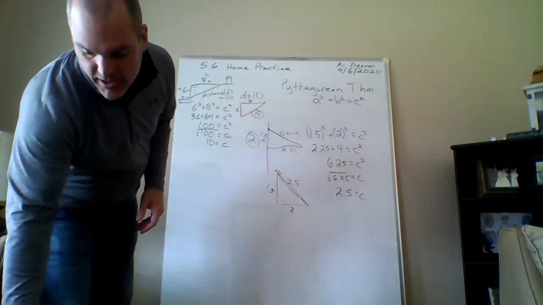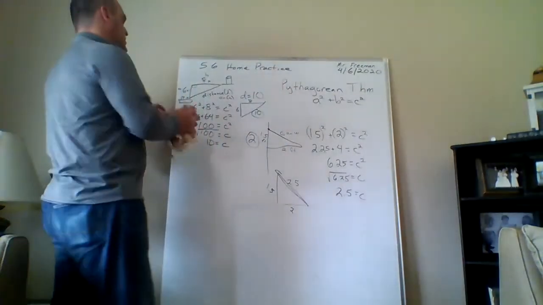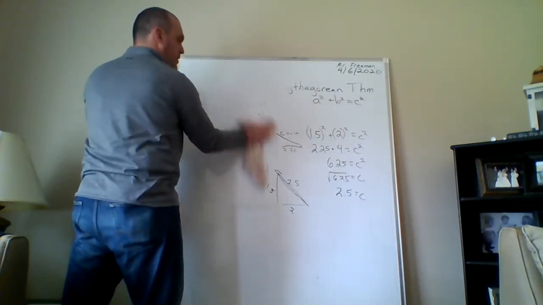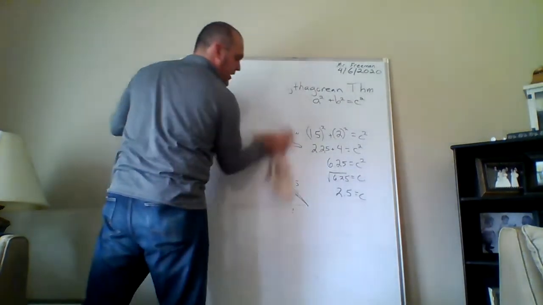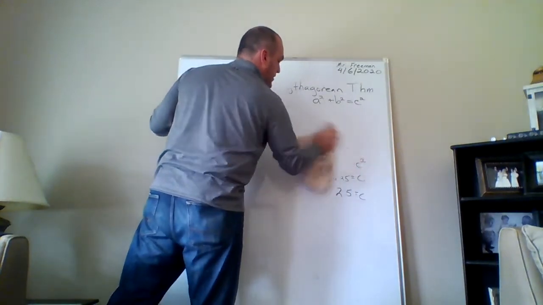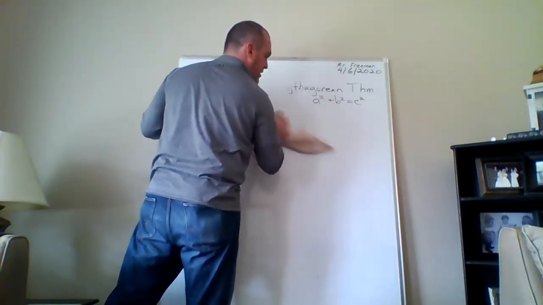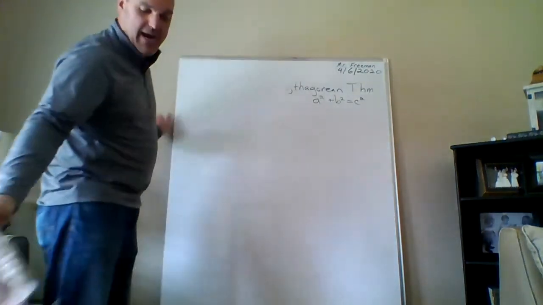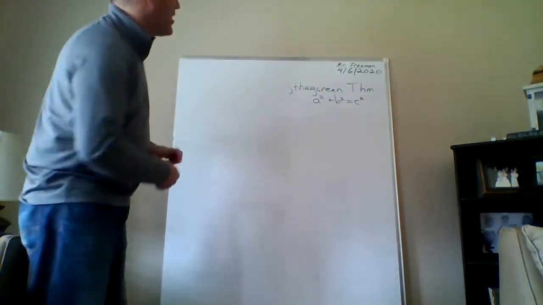The last thing in chapter 5 is extremely similar, and I'm really glad that I brought this grid board home because it's asking you, what if I was trying to find the distance between 2 points on a graph? Well, guess what?